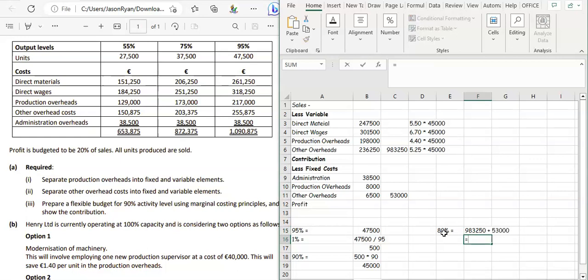So 80% is equal to that, so 1,036,225. And 1% is going to be equal to that divided by 80.